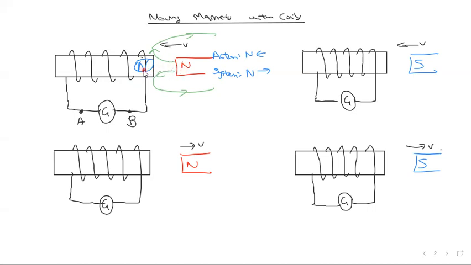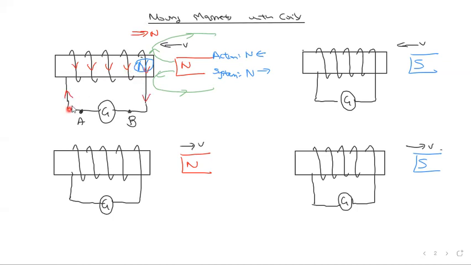So to make a North Pole here, you would then need to use your right-hand grip rule from before. Your right-hand grip rule needs you to have your solenoid with your thumb to the right and with your hand wrapped around your pen, meaning that will tell you your current will flow this way.